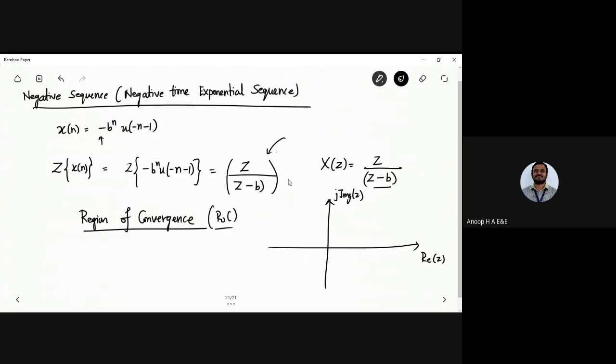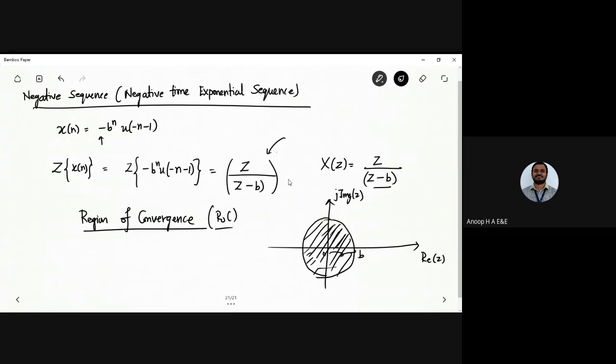Now I can draw the z equals b circle, with b units from the origin, and I take the region of convergence within the circle itself.